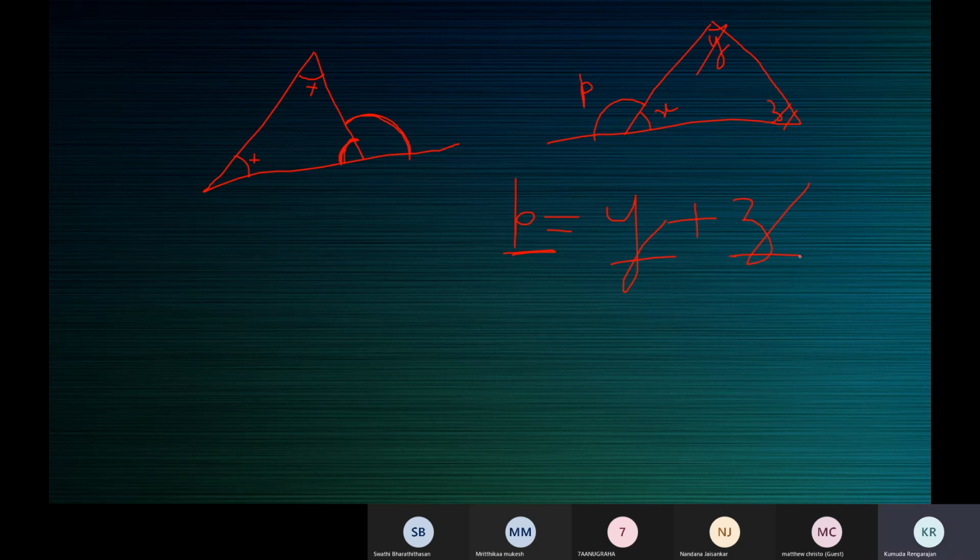The property is exterior angle is equal to the sum. That's why plus. Exterior angle P is equal to the sum of the two interior opposite angles.